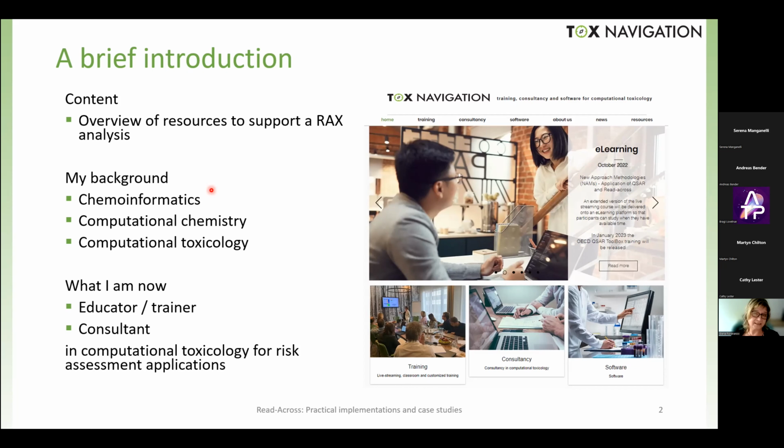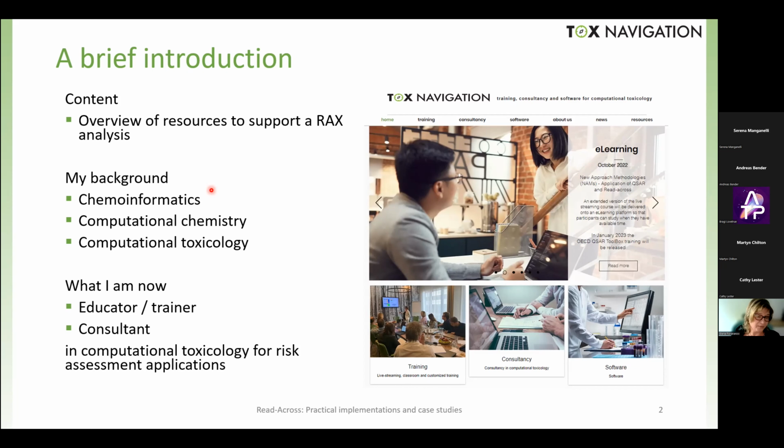Only in the last 15 years has my focus been on toxicological properties, and in the last 10 years on the generation of toxicological properties for risk assessment.